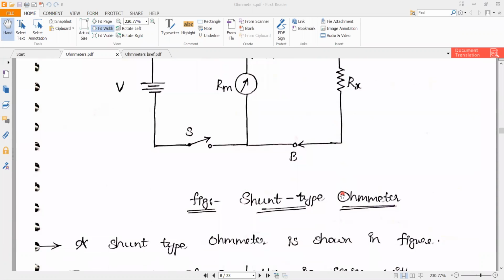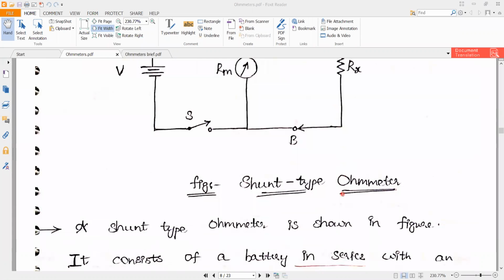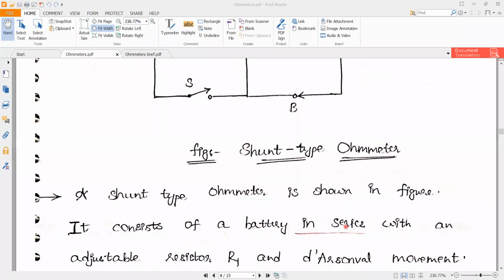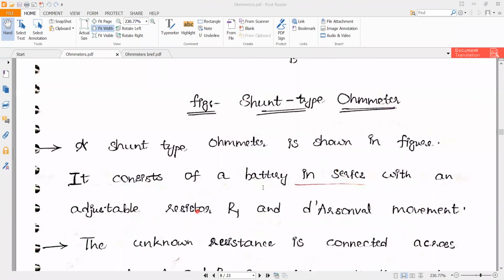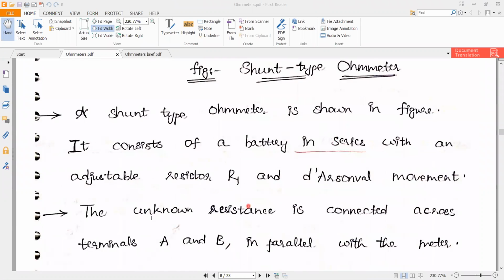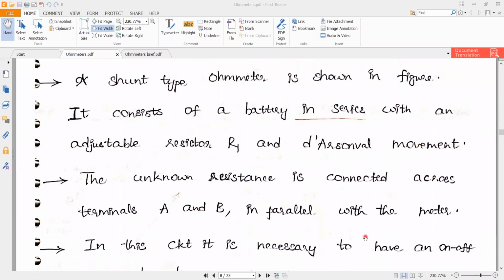Series type ohm meters are used for measurement of high resistances, whereas shunt type ohm meters are used for measurement of low resistances. Here the shunt type ohm meter is shown in the figure. It consists of a battery in series with the adjustable resistance R1 and the D'Arsonval movement, meaning the PMMC meter. The unknown resistance is connected across the terminals A and B, in parallel with the meter.